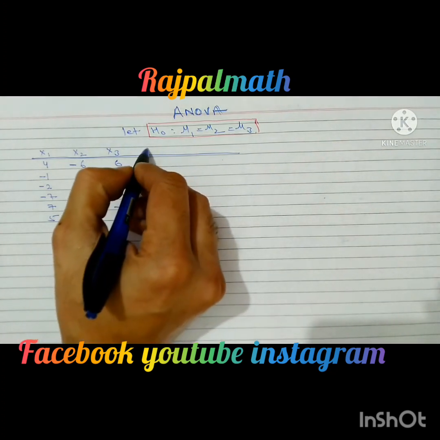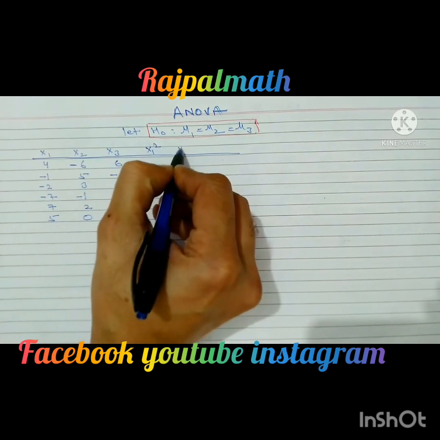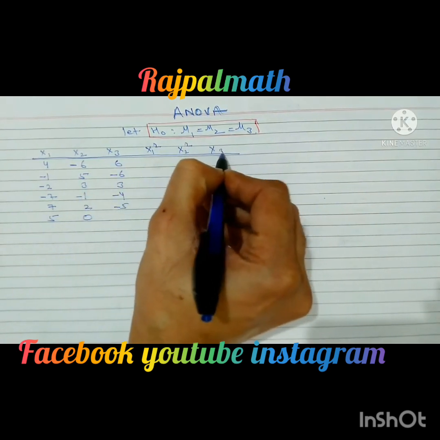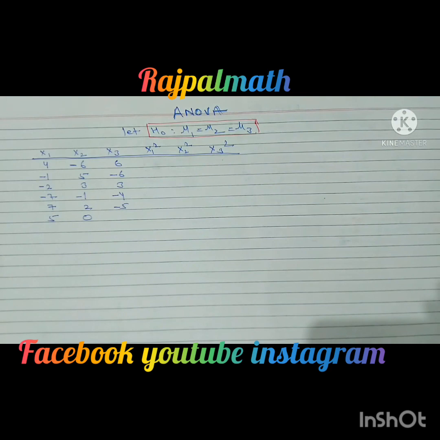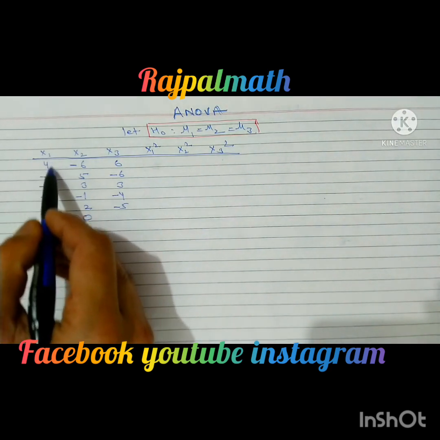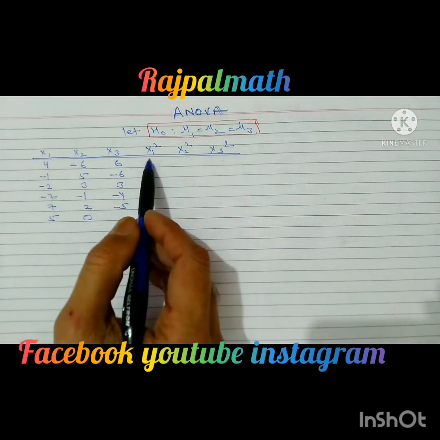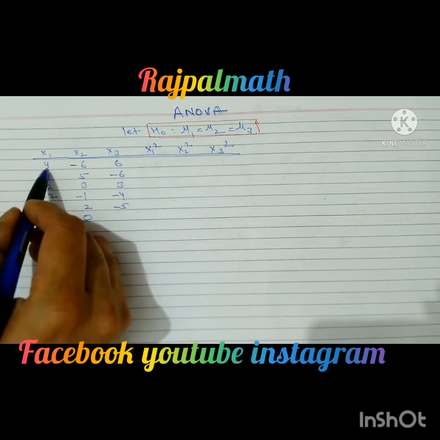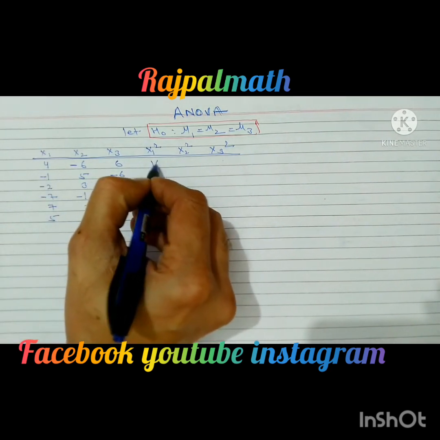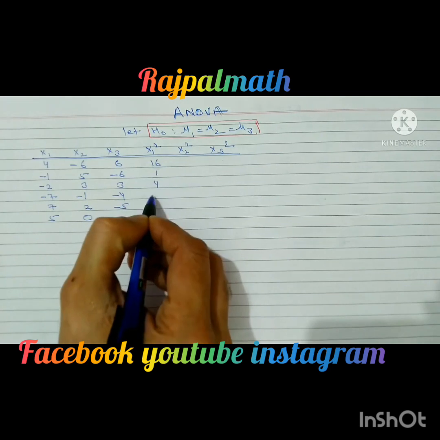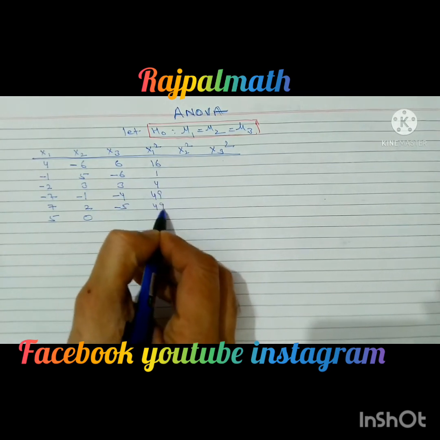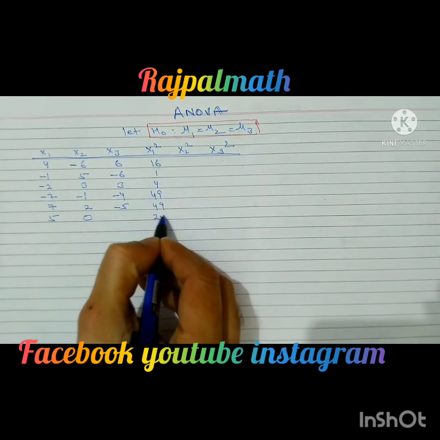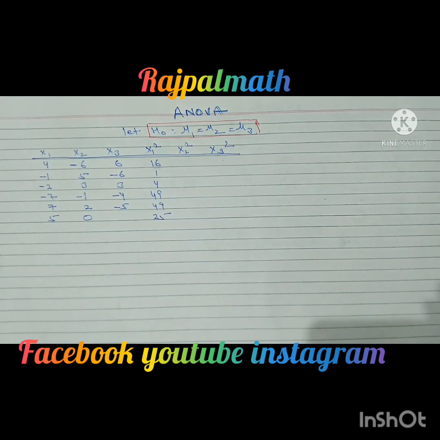Now the squares of these columns: x1 square, x2 square, x3 square. Square of the x1 column: 4 square is 16, then 1, 4, 49, 49, 5 square is 25.